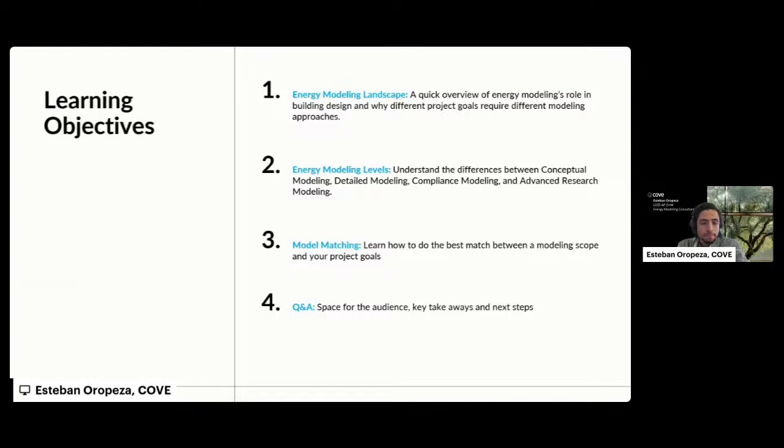Objective three is model matching. So once we understand the different levels of energy modeling, we can choose the best option for our current design stage. And then, as I said, space for Q&A in case you have any follow-up questions.